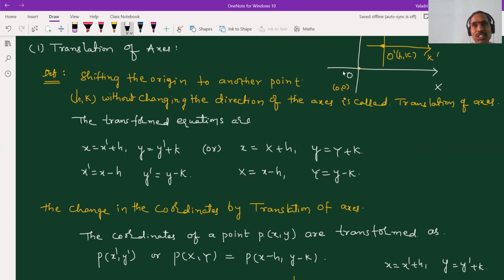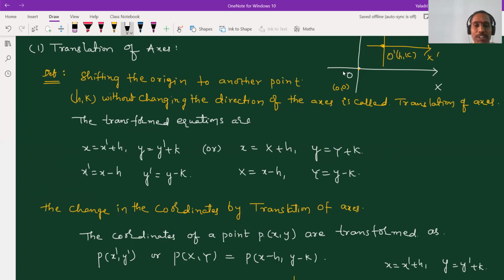After translation of axis, what are the changes in the coordinates? Those are the transformed equations, right? So x is equal to x dash plus h, and y is equal to y dash plus k, or x is equal to capital X plus h, and y is equal to capital Y plus k. Any one of those, not both. Either take x dash, y dash, or take capital X and capital Y.